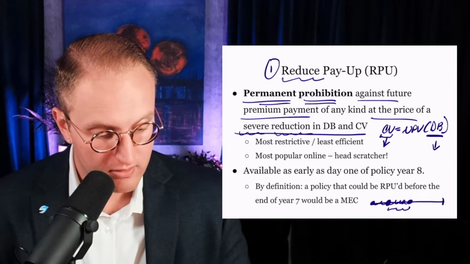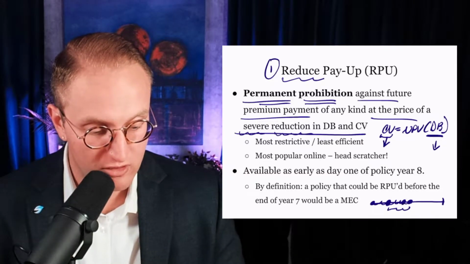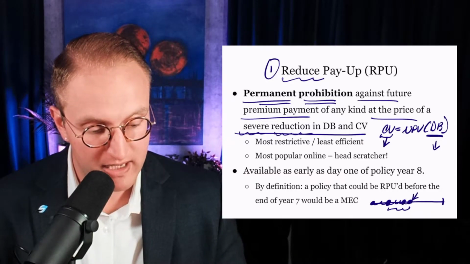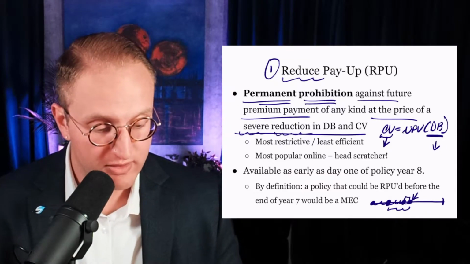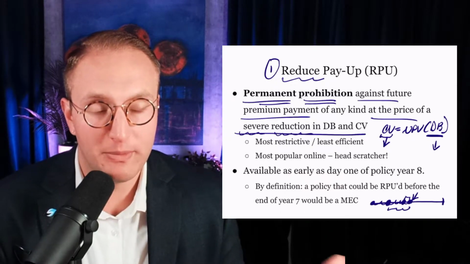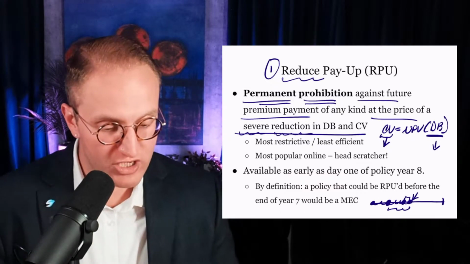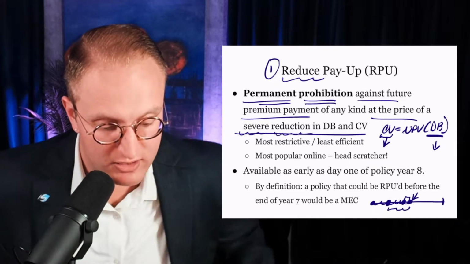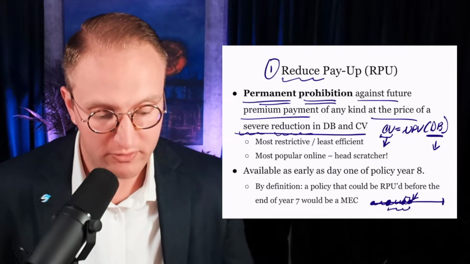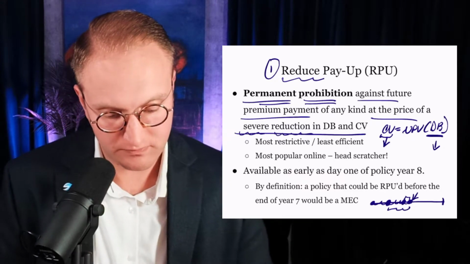But if you reduce paid up much closer to your original paid up date, then the cost that you've yet to pay is smaller. And so the reduction in the death benefit will be lower. Just in general, if you reduce paid up later, the reduction in cash values and death benefits will be lower. If you reduce paid up sooner, they'll be higher.